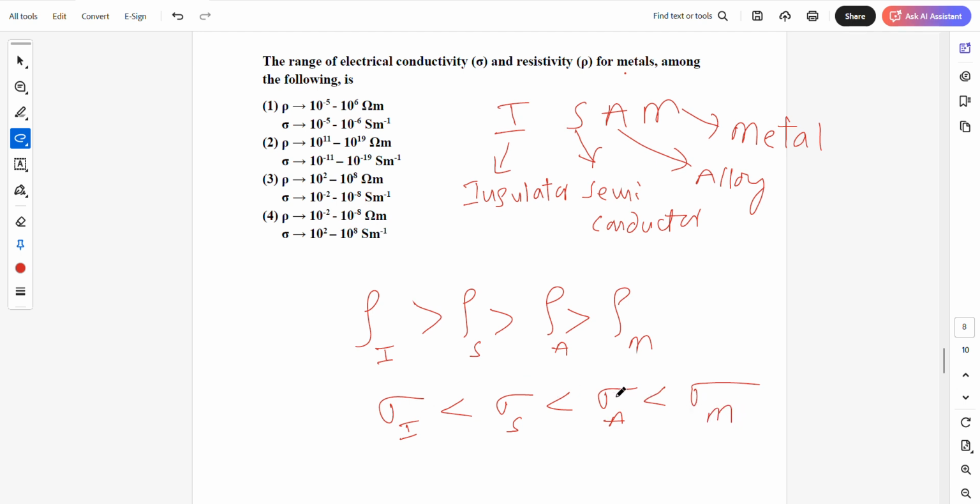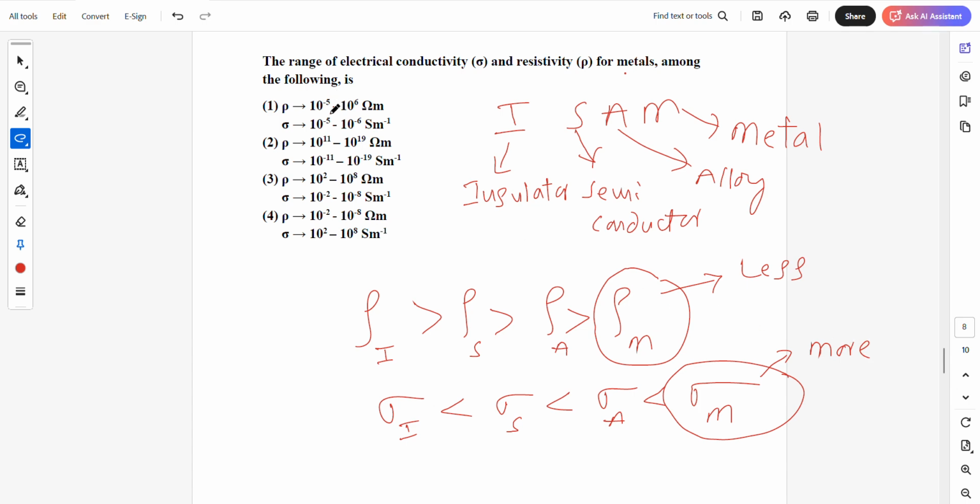See, for metals, resistivity is less, and conductivity for metals is more.